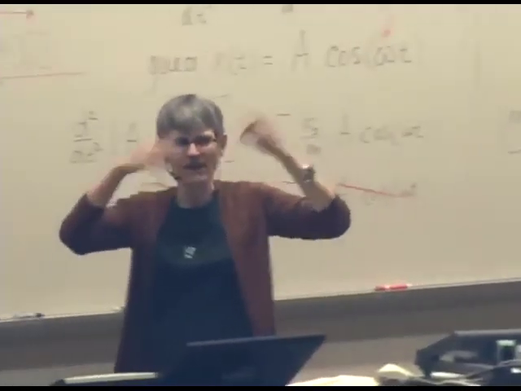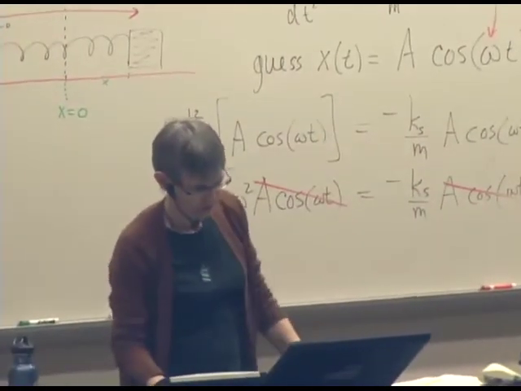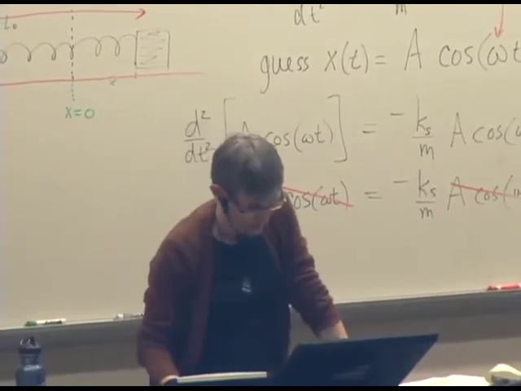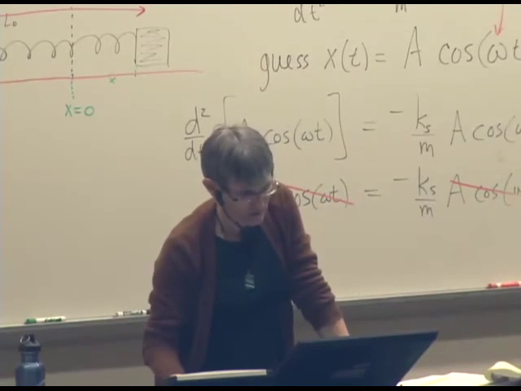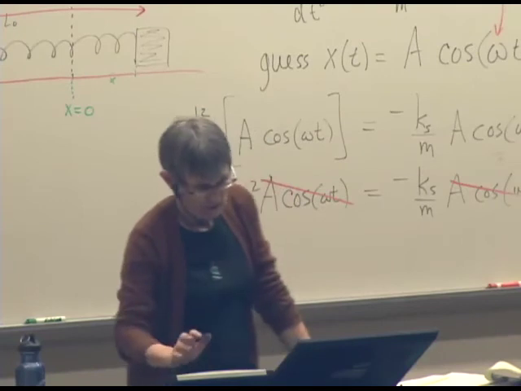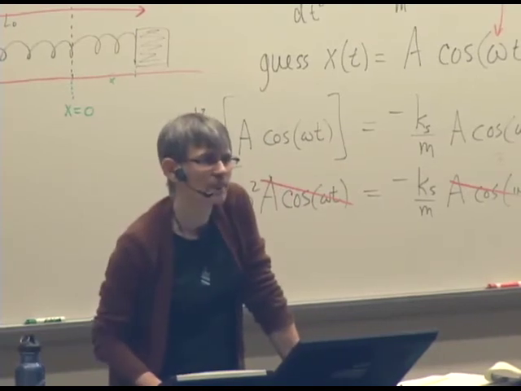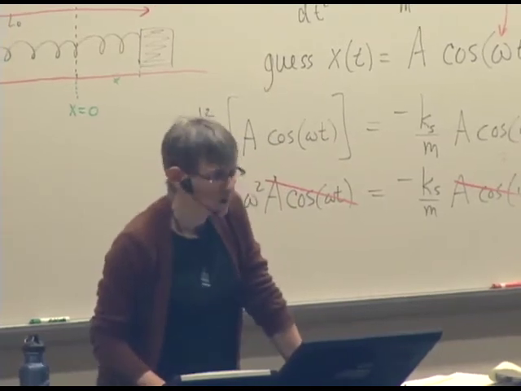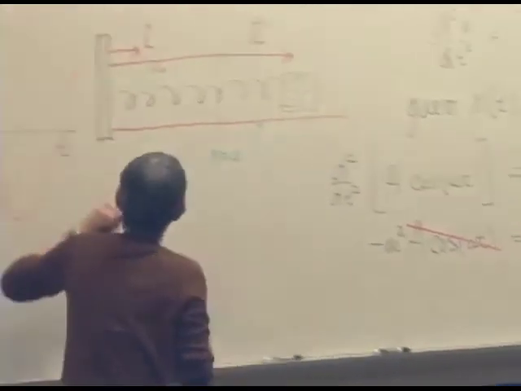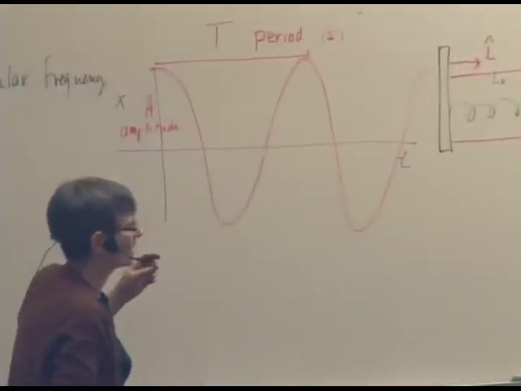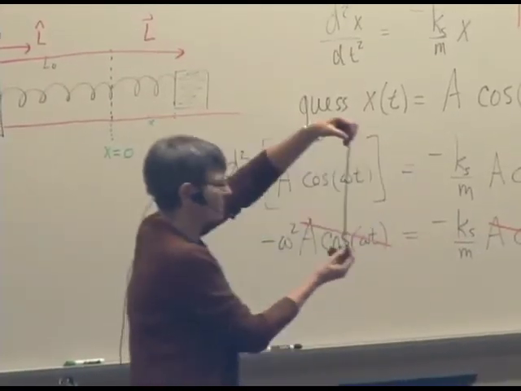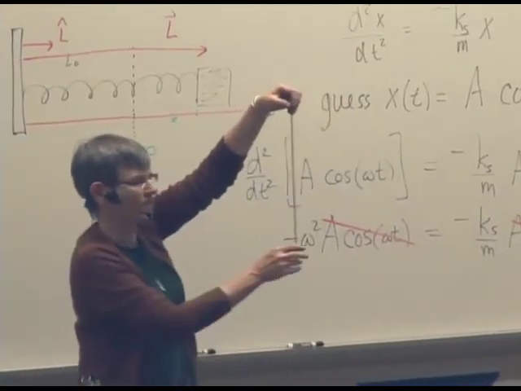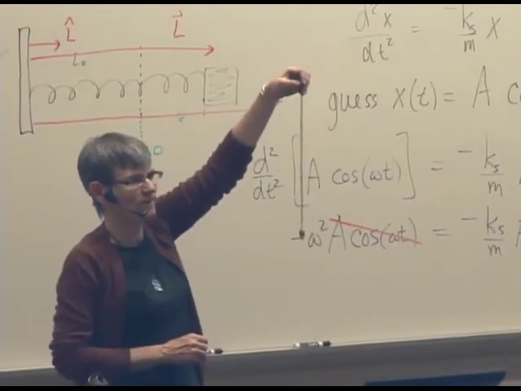That tells us how fast or slow it's bouncing back and forth. So we ought to be able to make some predictions and answer some questions about this. Well, notice that it just depends on where you start. Okay, so let's consider this vertical mass spring.